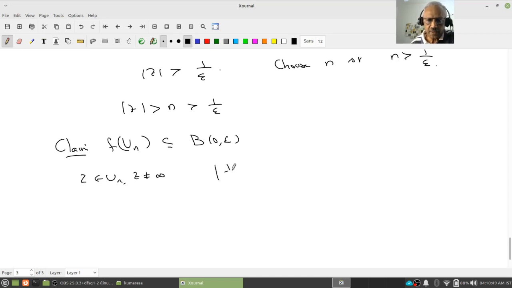Therefore it is 1 by mod z. Remember, mod z is greater than n, therefore 1 by mod z is less than 1 by n, and 1 by n is less than epsilon. So the claim is proved. Therefore f is continuous at infinity.